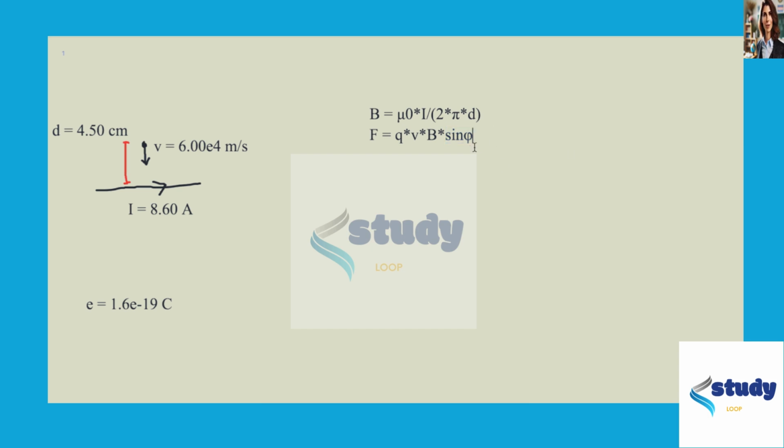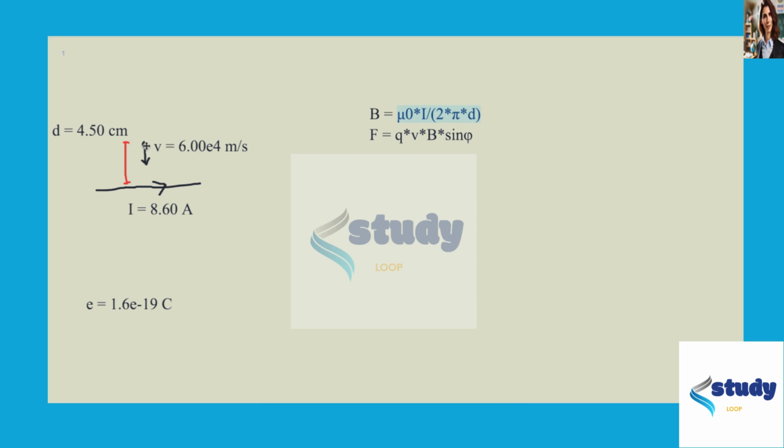So first, let's think about the direction that the magnetic field is going to be going in. So if the magnetic field is caused by this current, using the right-hand rule, if we point our thumb in the direction of the current to the right, that means that at this point, our fingers are going to curl out of the page directly at this point up here. So that means that the direction of the magnetic field caused by this wire is out of the page.